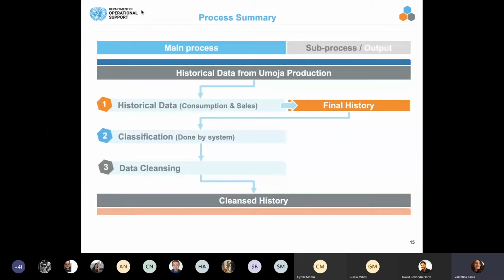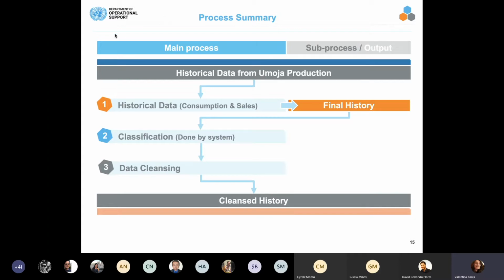The last 3 slides here are just a summary of everything we saw, put in a different way. You're going to see this is differentiated between main process and sub process, so output.